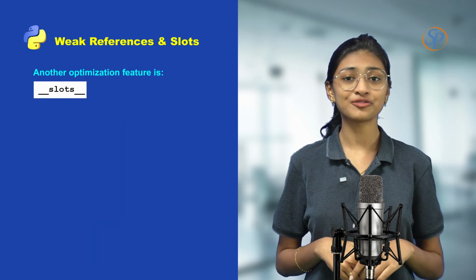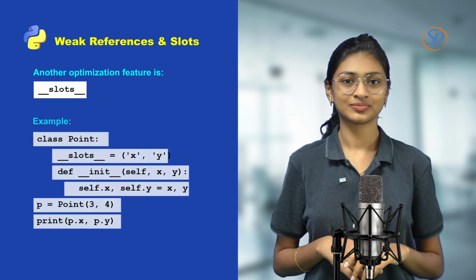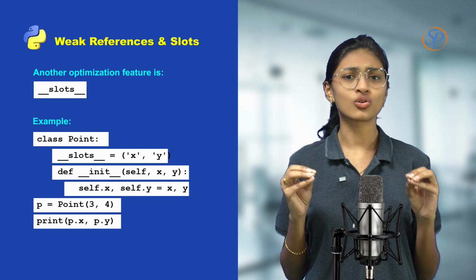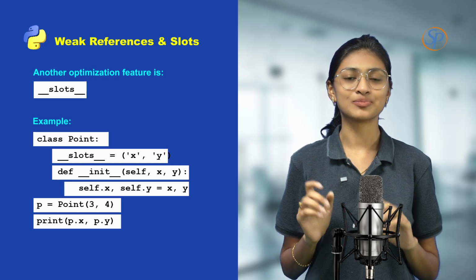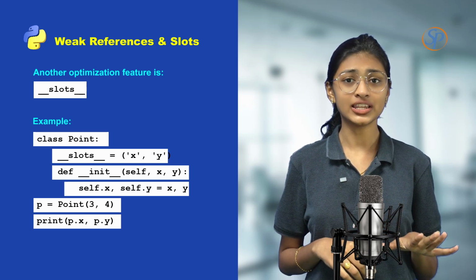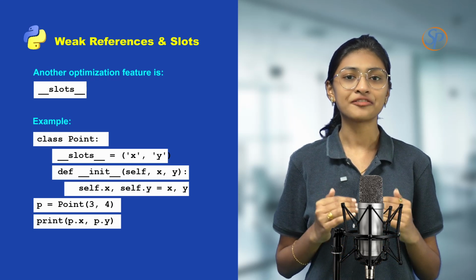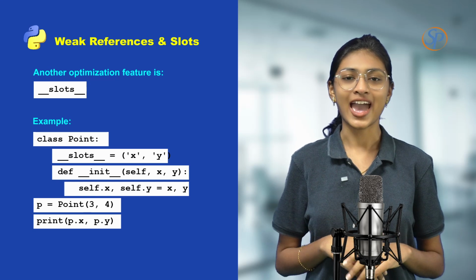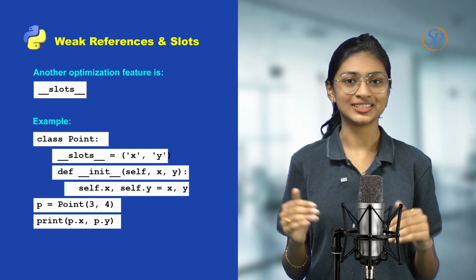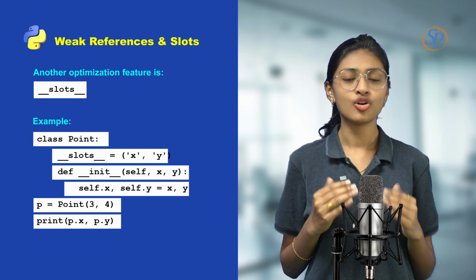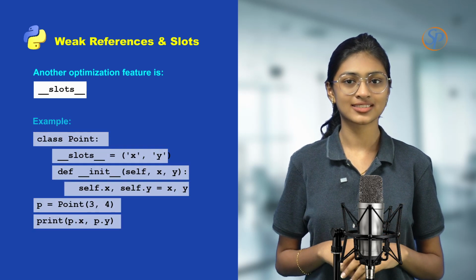Another optimization feature is slots. By default, every Python object stores attributes in a flexible dictionary. Convenient but memory heavy. Using slots fixes allowed attributes and saves memory greatly. This is widely used for performance critical classes.